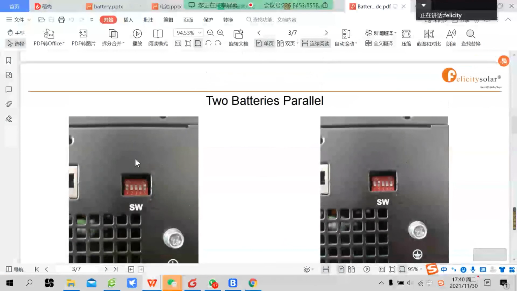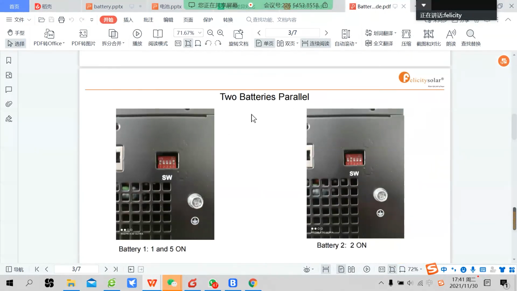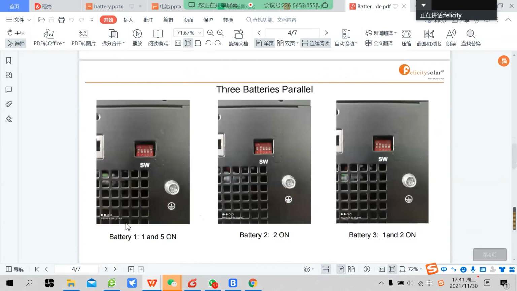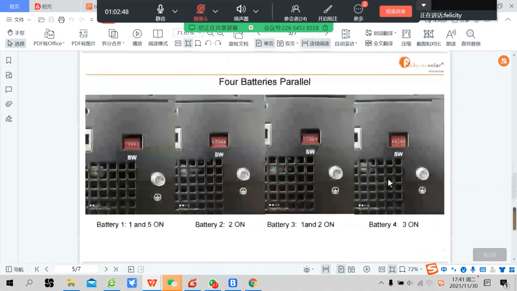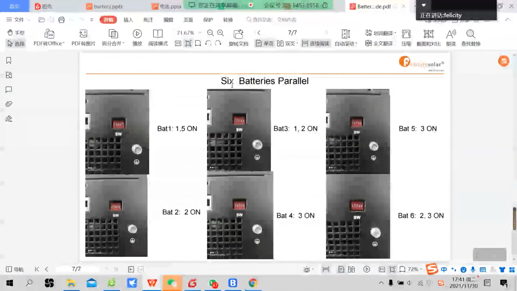So here, the SW is here. This is a DIP switch. Here I made pictures: 2 batteries in parallel, which one? First one battery 1, battery 2, and 3 batteries in parallel, battery 1, battery 2. How to set? Okay, 4 batteries, 5 batteries, and 6 batteries. How to set these DIPs?